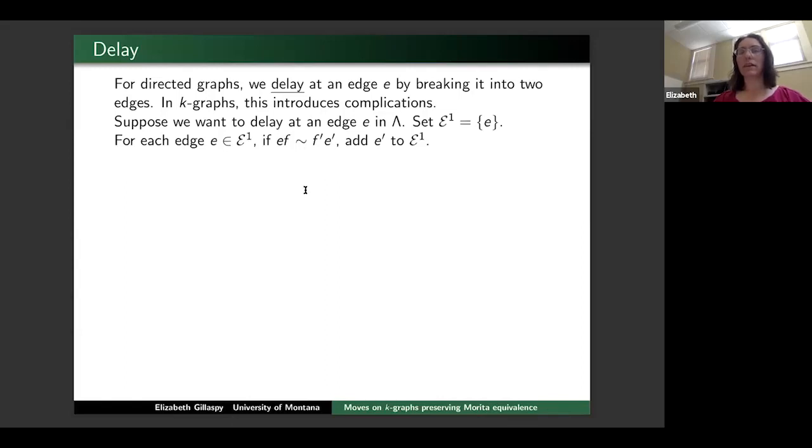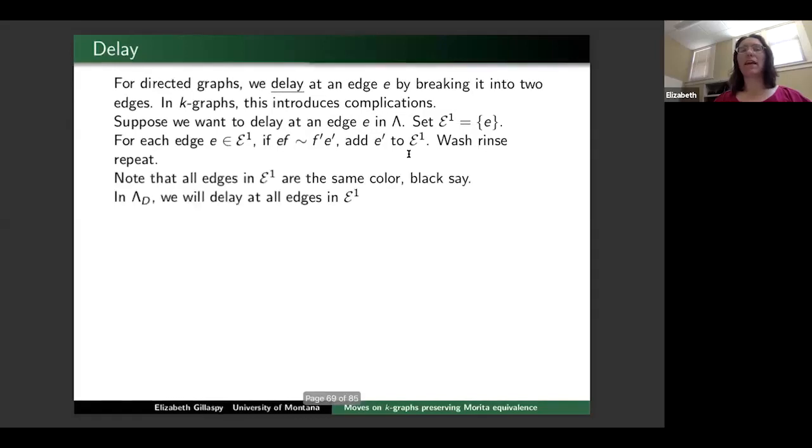So you see that E and E prime are opposite each other on the factorization square, and they're the same color. Anytime that happens, we'll put E prime in our set E script 1. Then we'll look at any other edges that are opposite on a factorization square to E prime or to E, and just wash, rinse, repeat. Then we're going to have to delay at everything in this set E1.